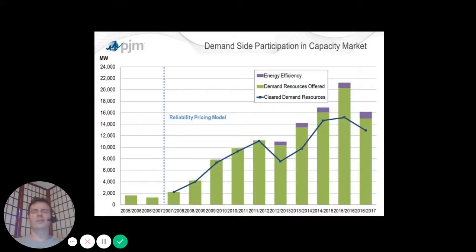Increasingly, demand side participation is being viewed as a resource that can help meet electricity demand in the future. You can imagine that if just one person volunteered to allow their electricity to be shut off during the hottest part of the summer, that might not make such a difference.